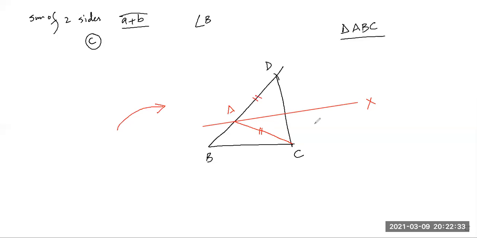So the other way of doing the same sum, I'll explain to you. You draw the base, whatever is given, draw the base angle B. You can draw the base angle here also. Then cut A plus B equal to BD.